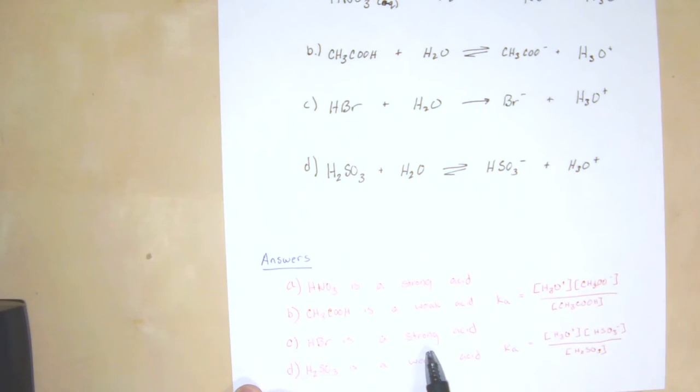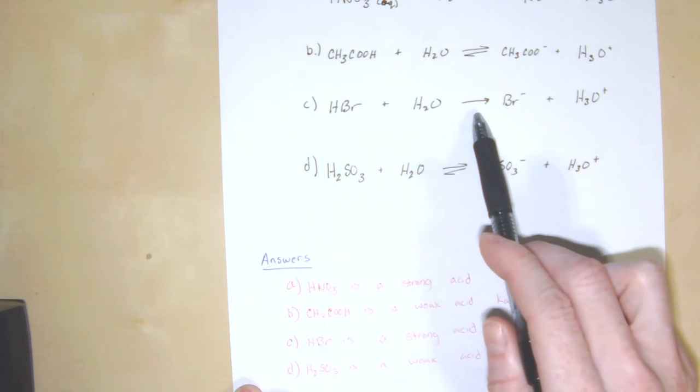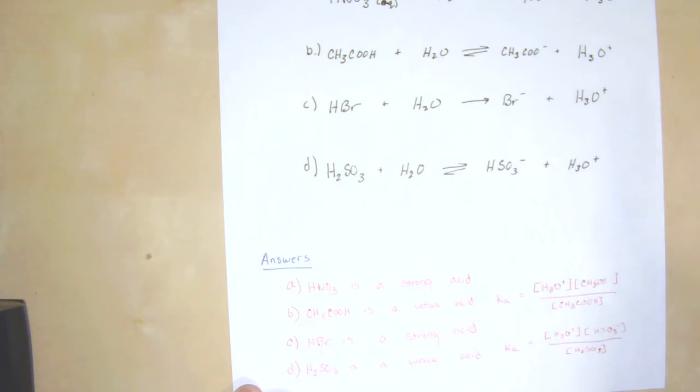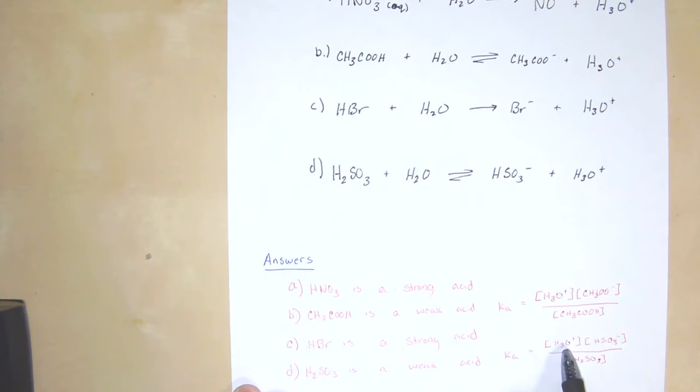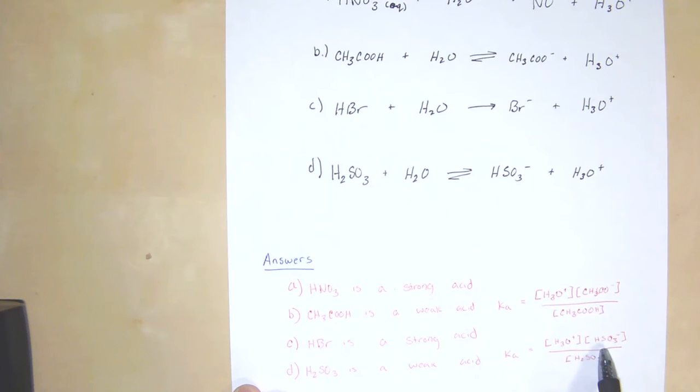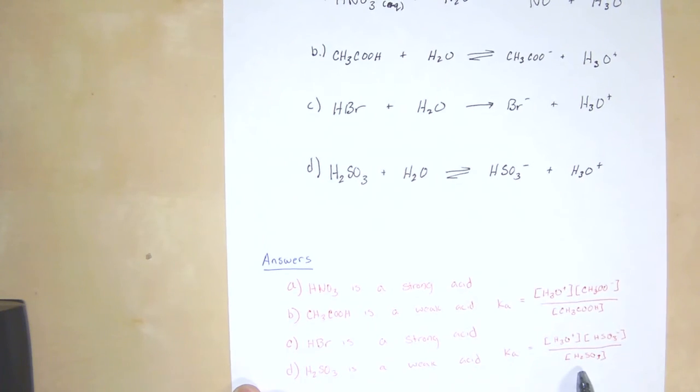HBr is going to be a strong acid again. We've got a single arrow right here, another indicator, and it was one of those strong acids on our list that we wanted to memorize. So those two indicators should be pretty easy for you to pick out by now. And the last one, H2SO3, is a weak acid, and its Ka is going to be its hydronium concentration times the conjugate base, which is HSO3 minus, divided by the concentration of that acid, H2SO3.